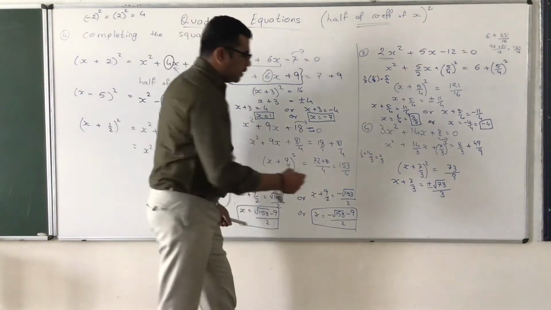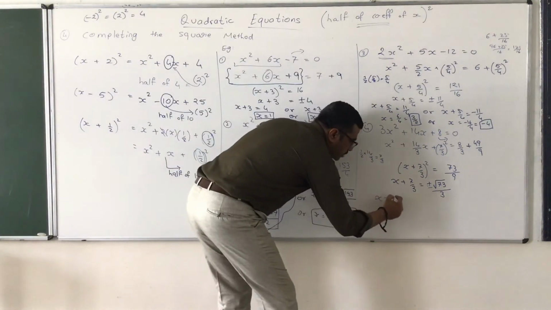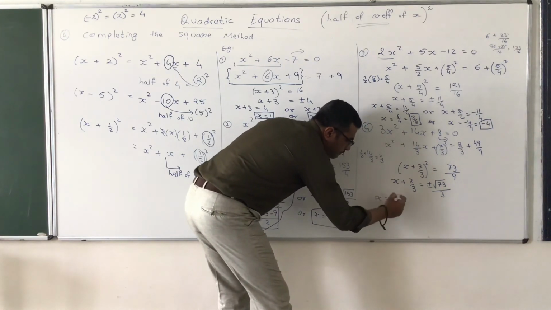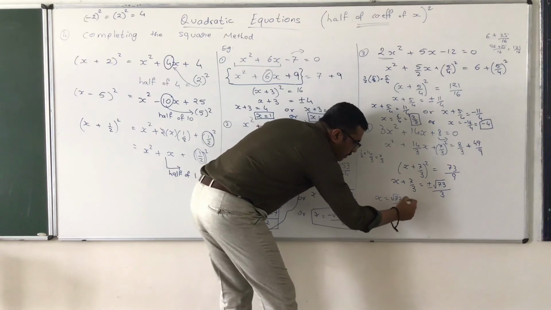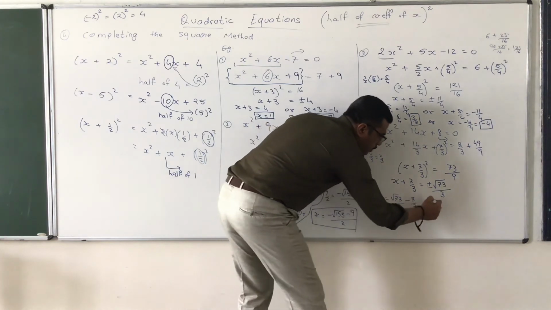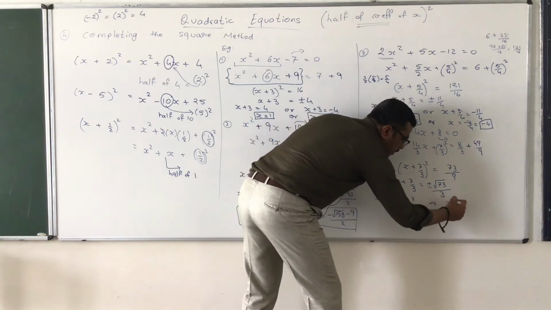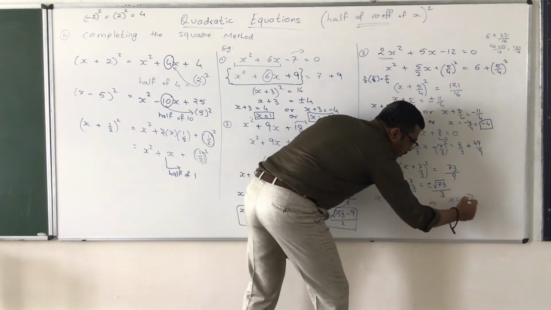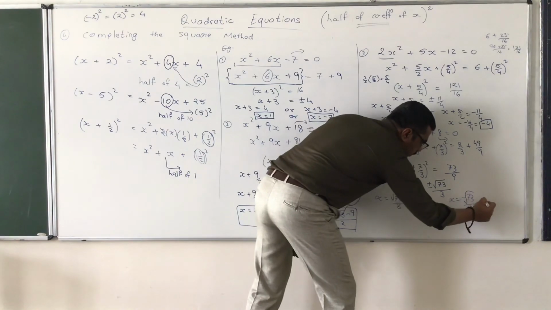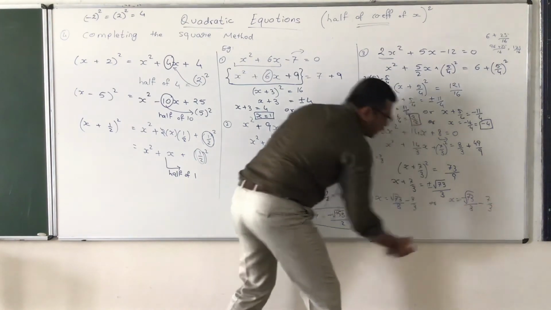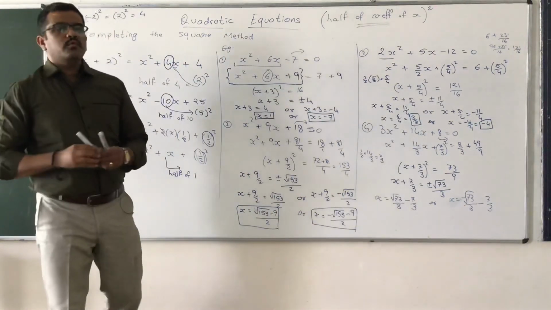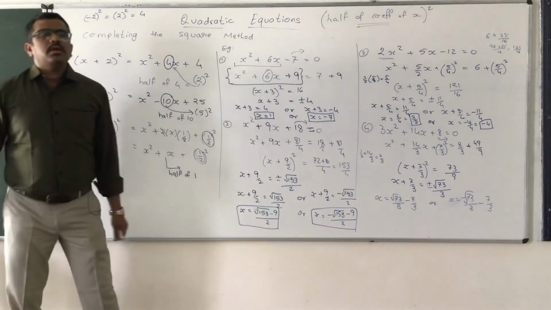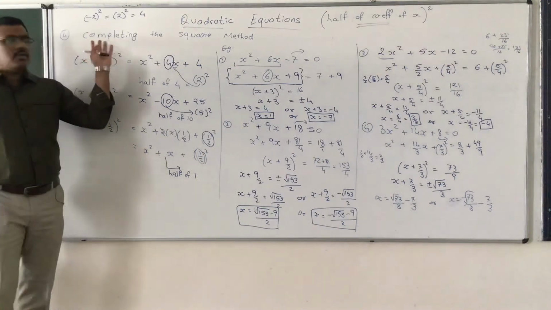So we get x equals positive root 73 upon 3 minus 7 upon 3, or x equals negative root 73 minus 7 upon 3. So this gives us the two solutions of the given quadratic equation using the method of completing the square.